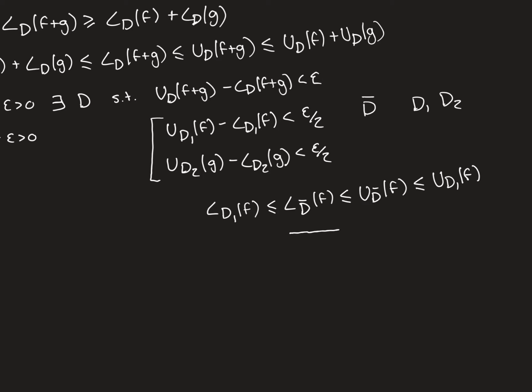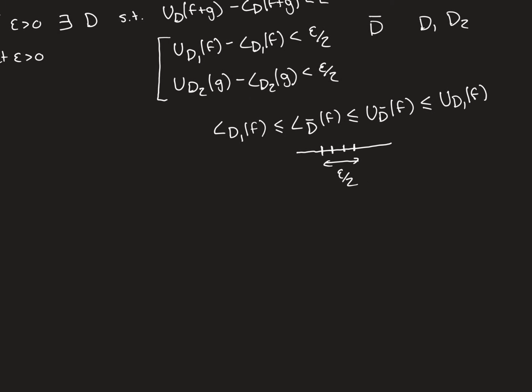So in fact, I might just draw a picture here. So we have these four numbers kind of like this, and if the gap between these two, the end ones, is less than epsilon over 2, then the gap between the two inner ones is certainly going to be less than epsilon over 2.